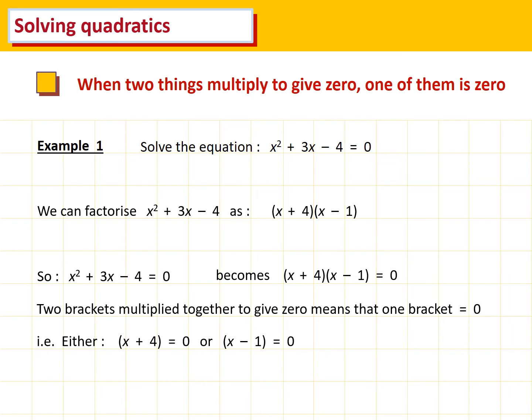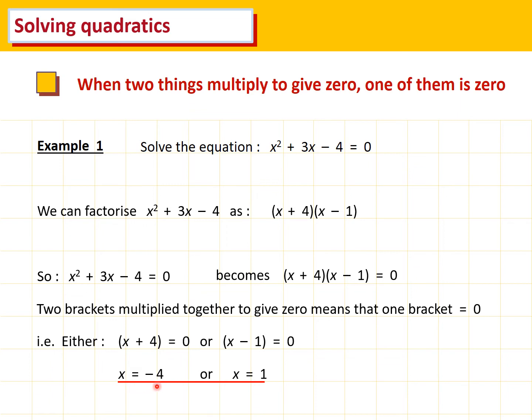In the first case, if x plus 4 equals 0, then x would have to be negative 4. In the second case, if x subtract 1 equals 0, then it must mean that x would have to equal 1. And we can check our two answers.